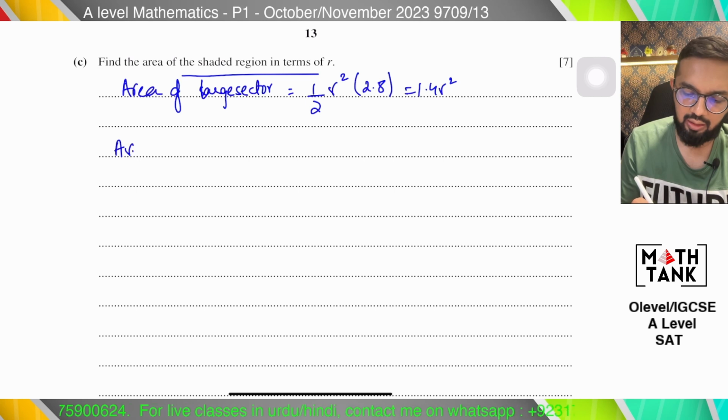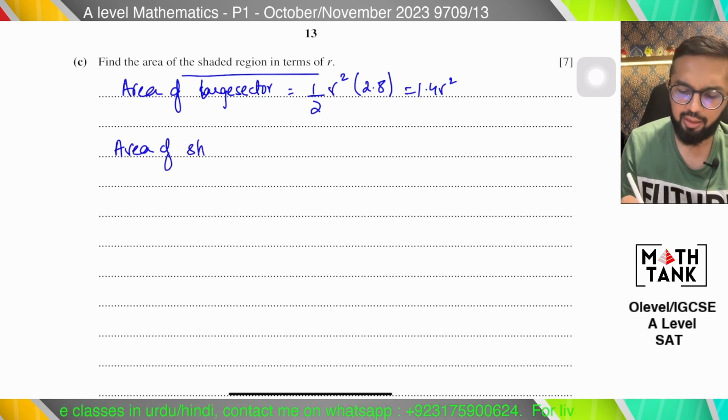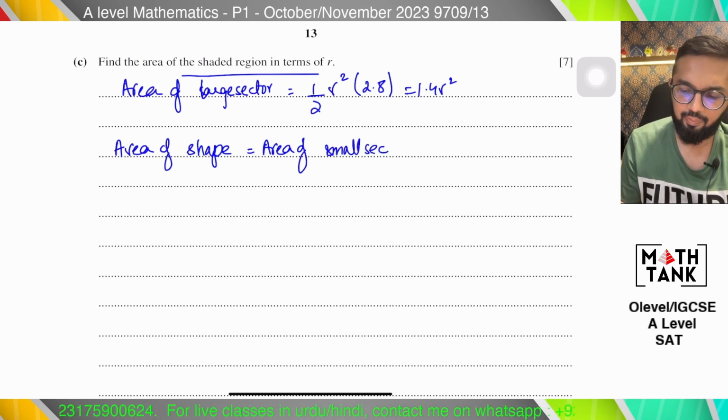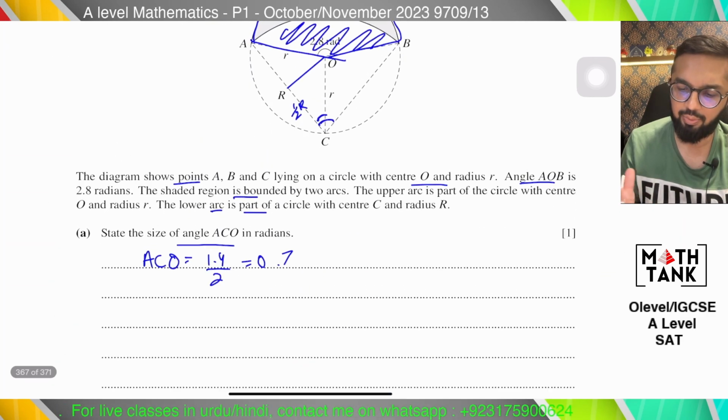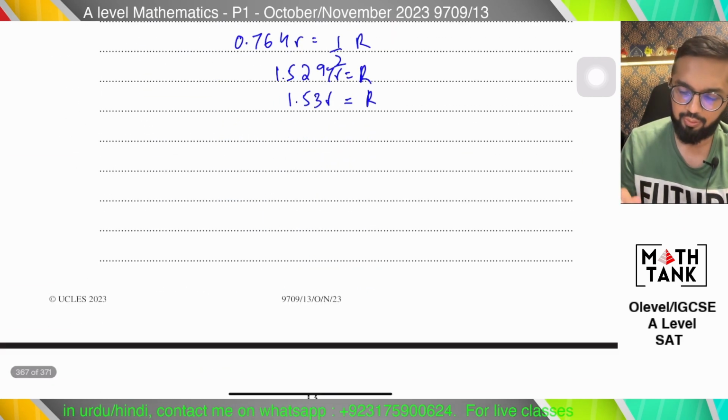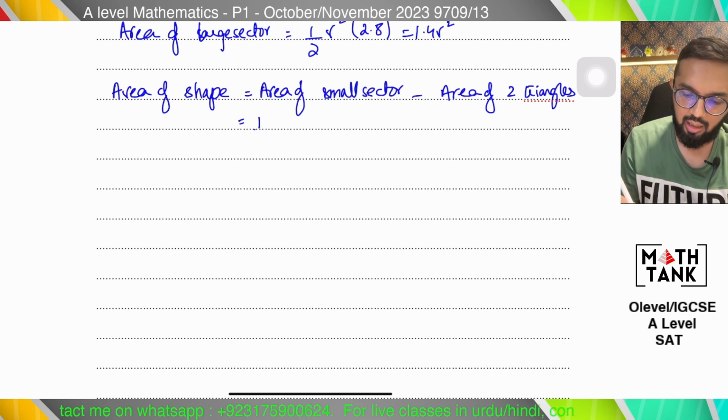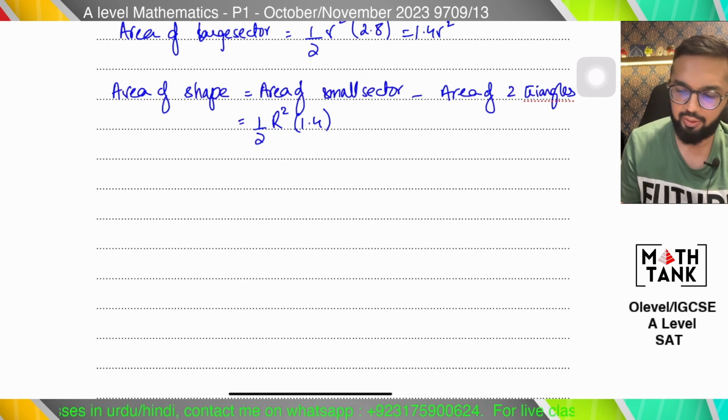So the area of this shape is the area of the small sector minus the area of two triangles. The area of the small sector: this angle should be 1.4, so I'm going to say this is half capital R squared, 1.4, half r squared theta.